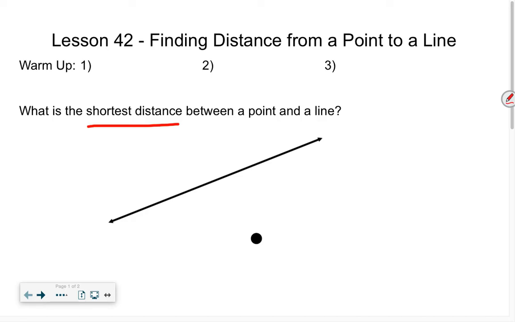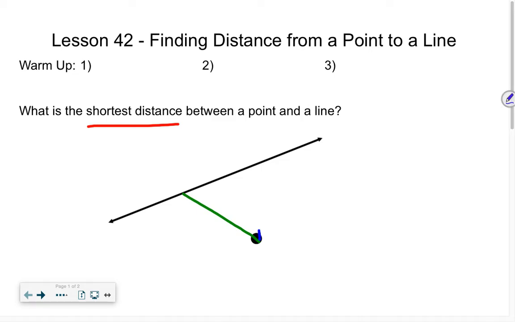So here we have a line. We also have our point of location. And the question is, what's the shortest distance between those two? If we were just doing an experiment and looking at some of the different options we had, we could maybe draw in this line here and say, oh, that's going to be the shortest line. But I think some of us would argue and say, no, I think I could get a little bit closer.